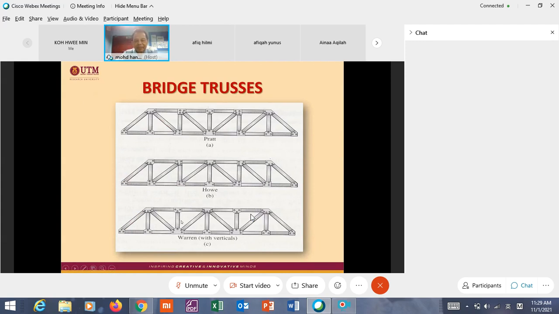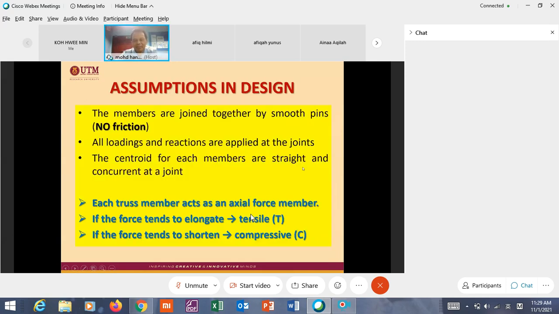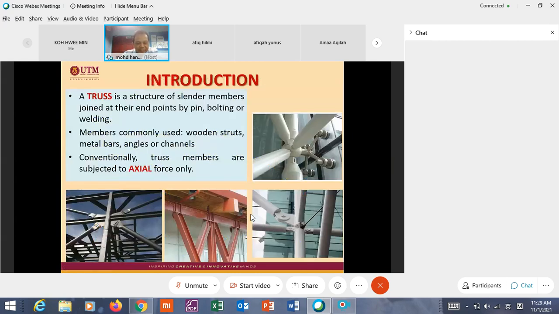And the centroids of each member are straight and concurrent at the joint. Sorry, we have to go back again. It is the centroid. For example, this one, we can see there are 12 bolts. What is the centroid of these bolts? The centroid of these bolts should be collinear with its member.